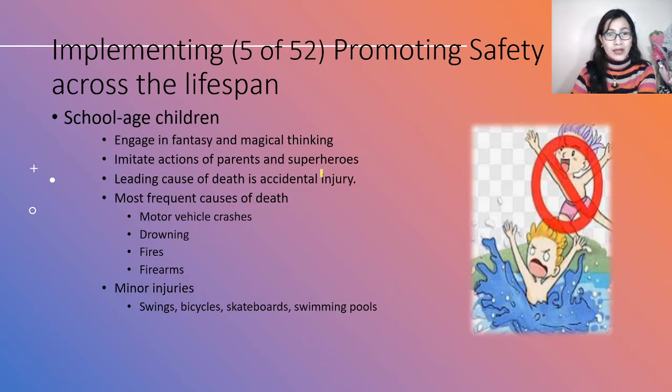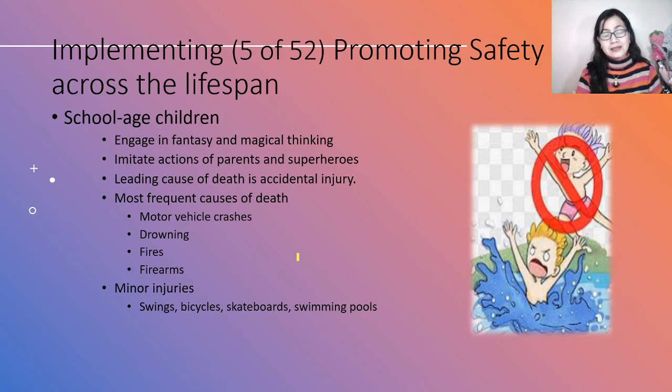How about the school-age children? School-age children engage in fantasy and magical thinking. They are now imitating their parents or superheroes if they're fond of that. The leading cause of death is accidental injury. So, we must be careful when we do actions in front of our children.